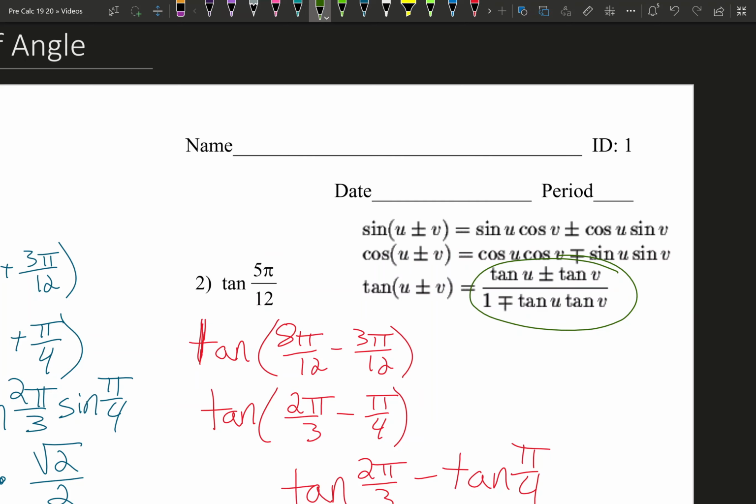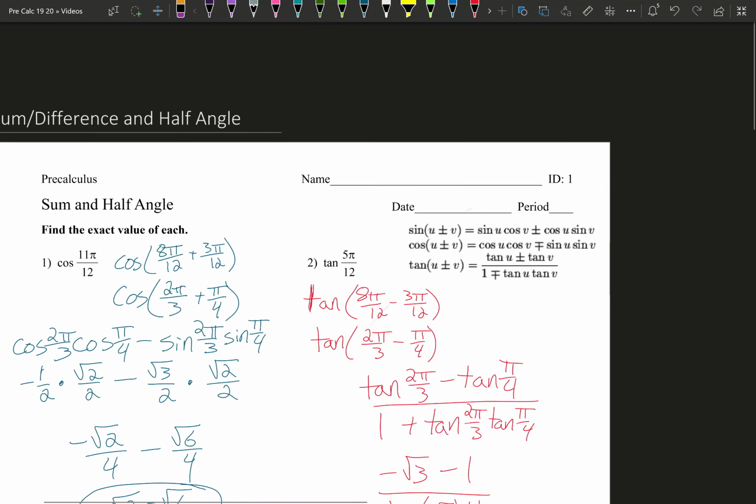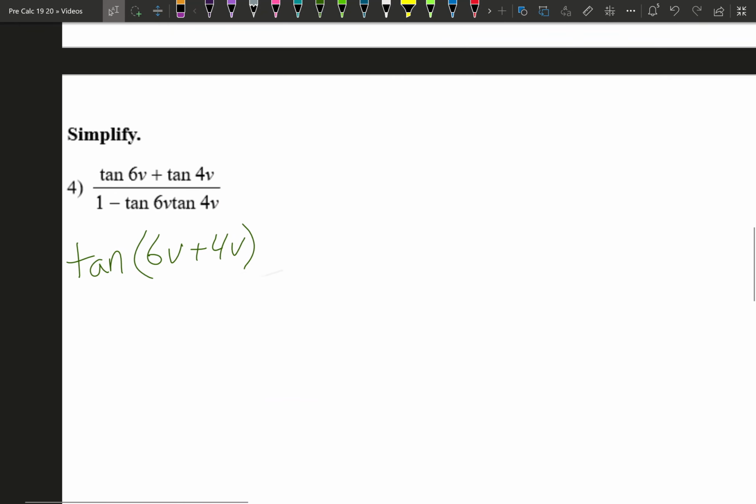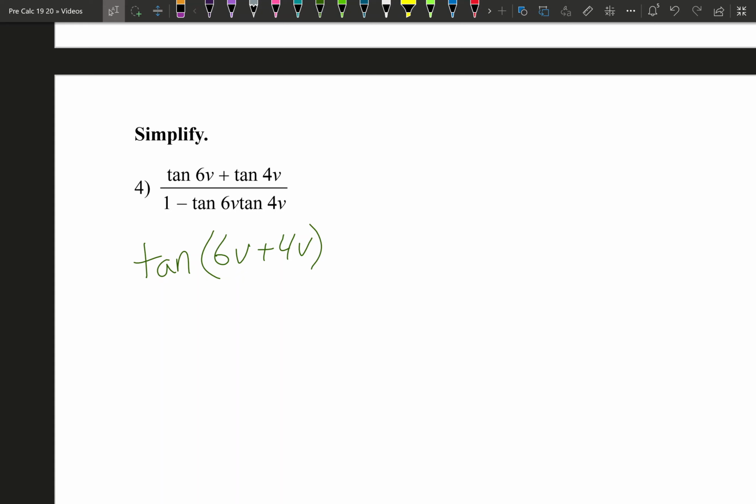So by rewriting this as tangent of 6v plus 4v, that covers everything that's here. So then we combine the two. So 6v plus 4v is 10v. And since we're simplifying, that is the best that we can do.